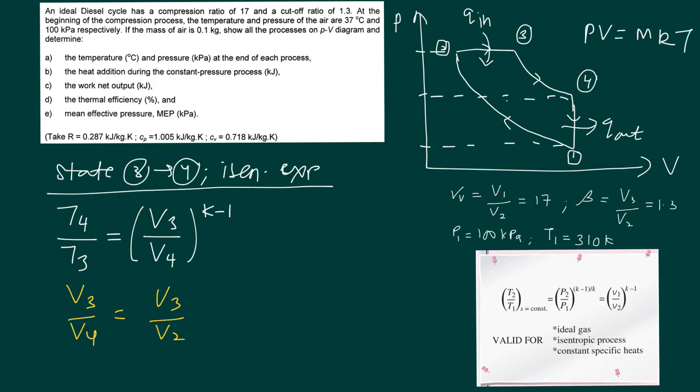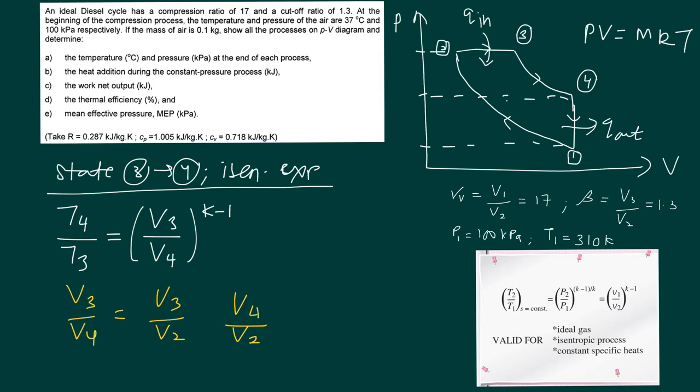So let's say if we change this V1 here into V4, we are going to have your V4 over your V2. But we need your V4 at the bottom here, the denominator. So therefore we are going to multiply with the inverse of your V4 over V2.